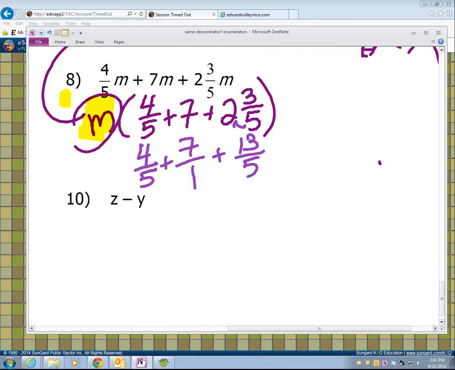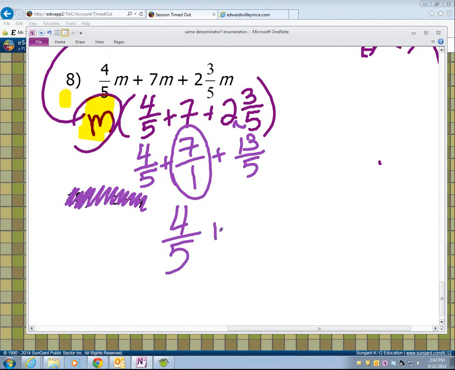Now this isn't going to go well because we need to have a common denominator. How are we going to make this become a denominator of 5? Sam? Take both the numbers times 5. So what we have here is 4/5 plus 35 fifths, plus 13 fifths.